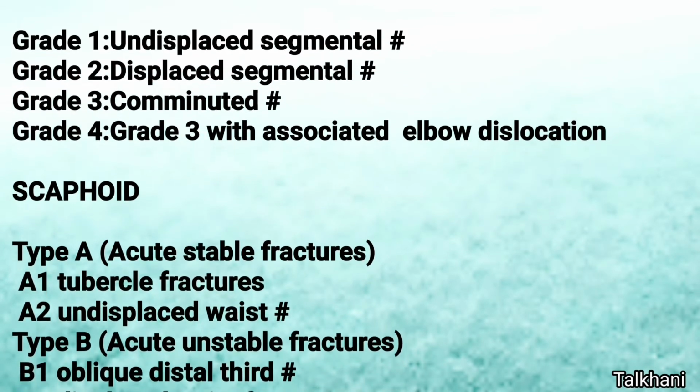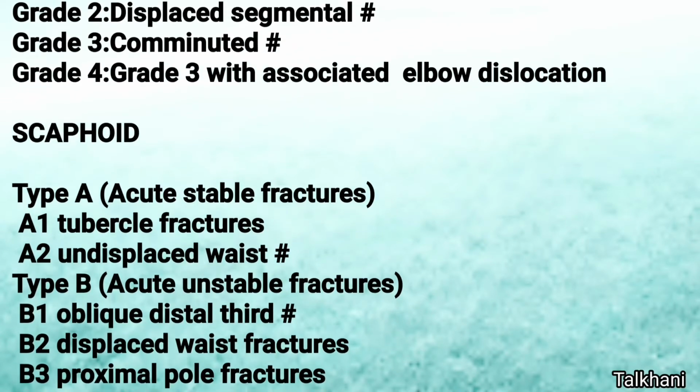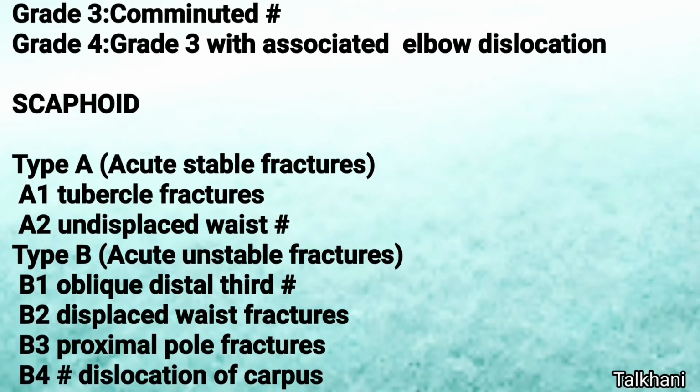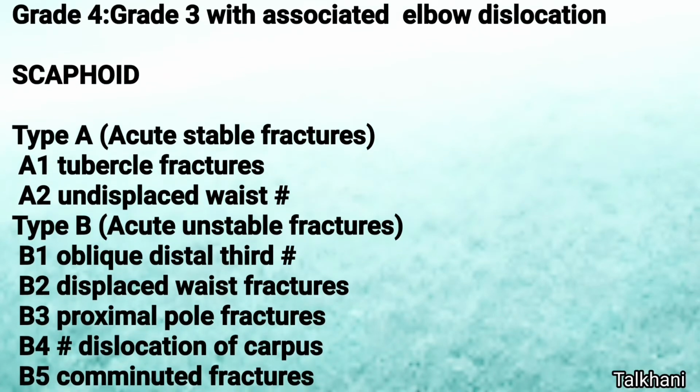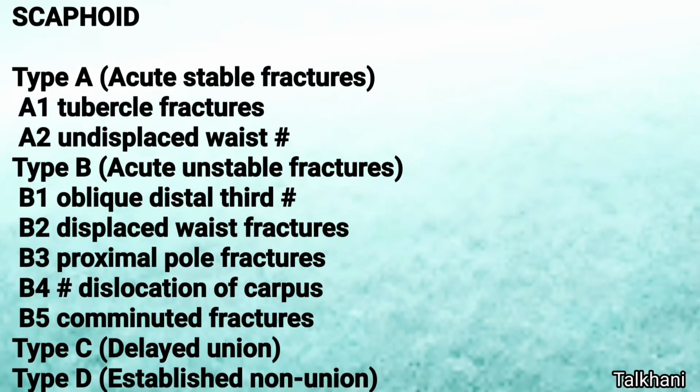Type C is delayed union of scaphoid, and type D is established non-union of scaphoid. D1 fibrous non-union, D2 sclerotic non-union or pseudarthrosis.